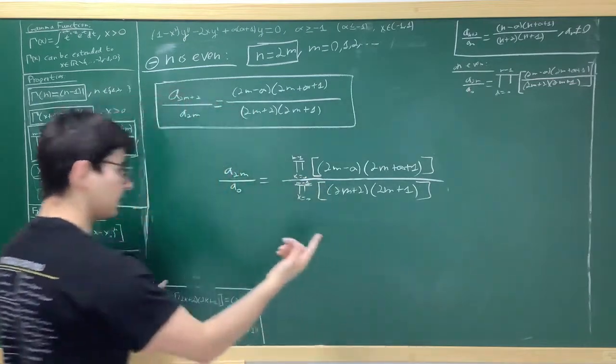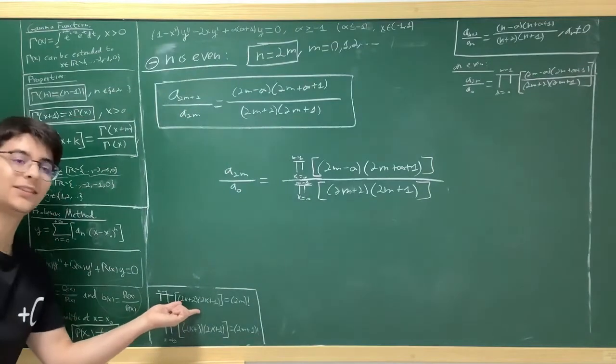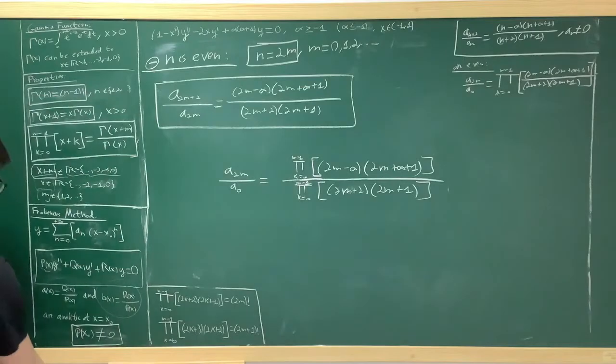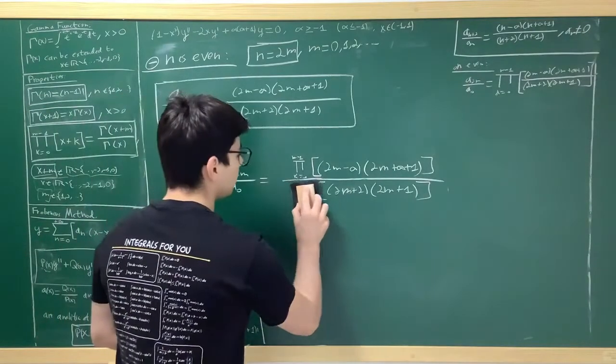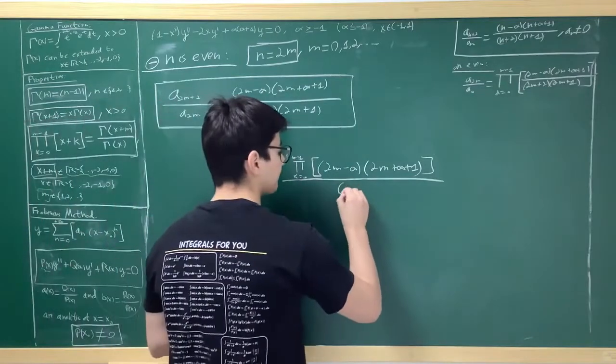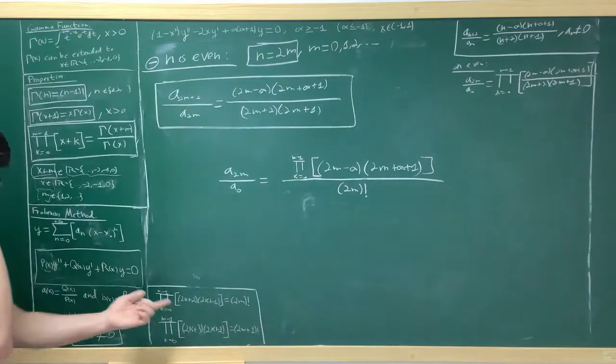So, what is this? As we said before, we're going to use this identity. And this is just 2n factorial. Why is it 2n factorial? Just try it out.